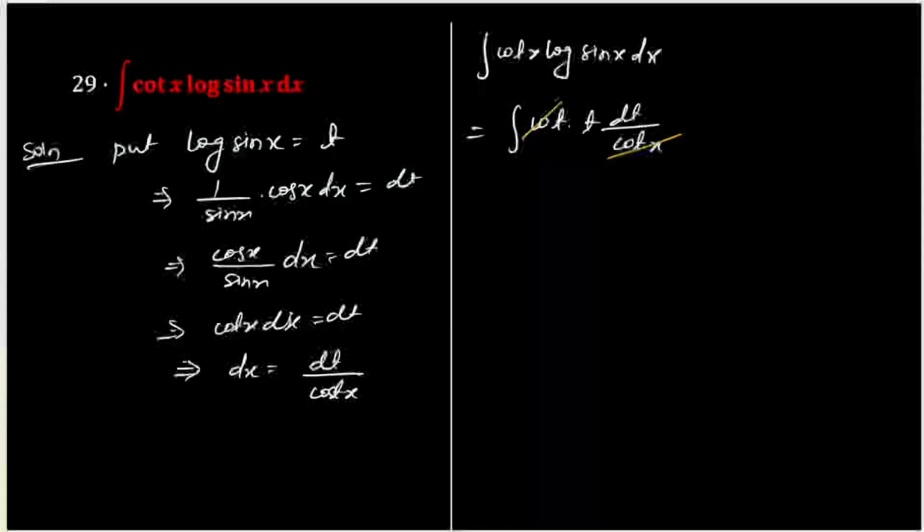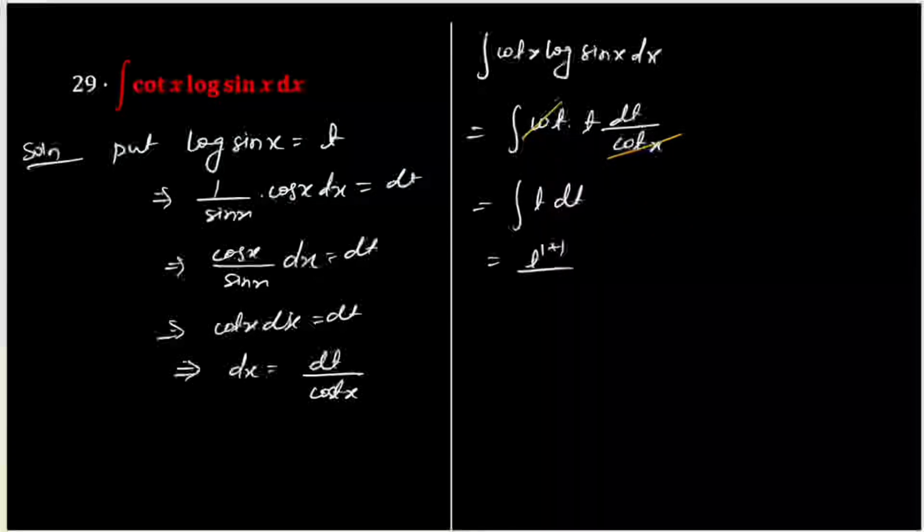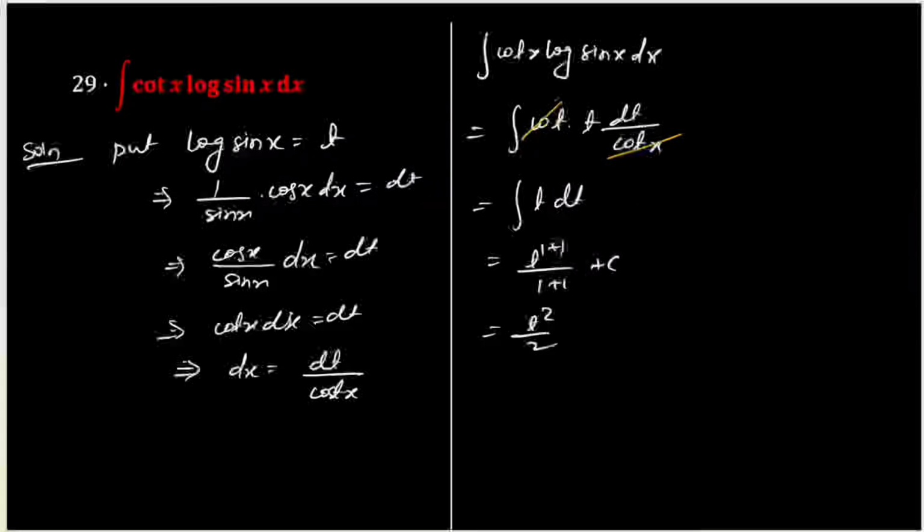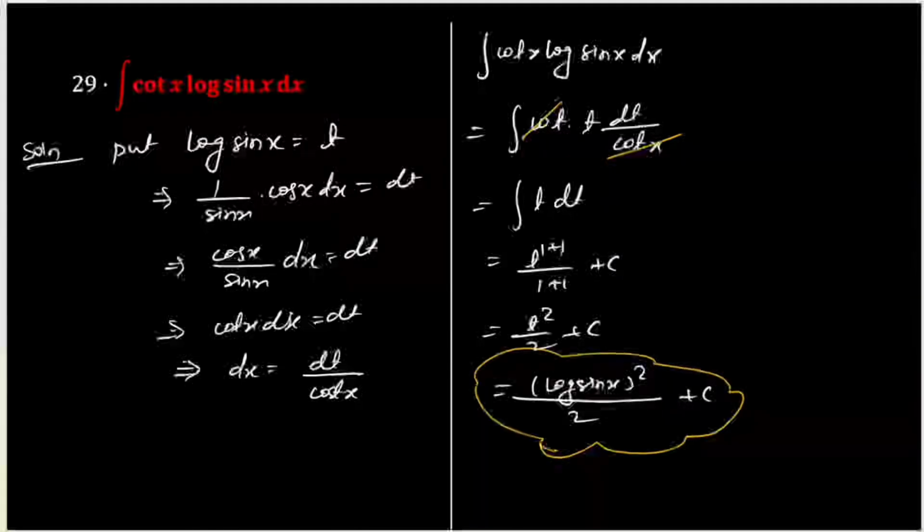Therefore, cot x cancels. The required integral is equal to t power 1 plus 1 by 1 plus 1, which is t squared by 2 plus c. Replacing t with the term of x, we get log sin x whole squared by 2 plus c. This is your answer.